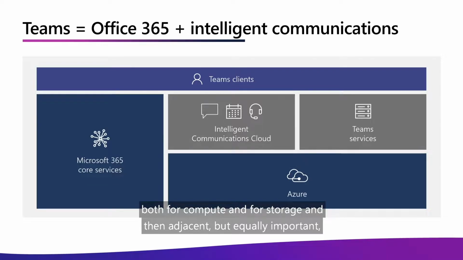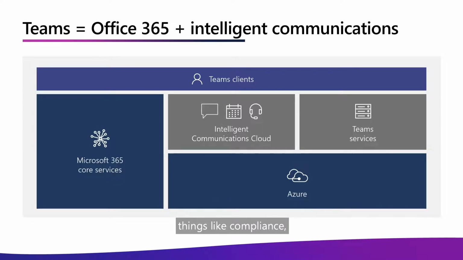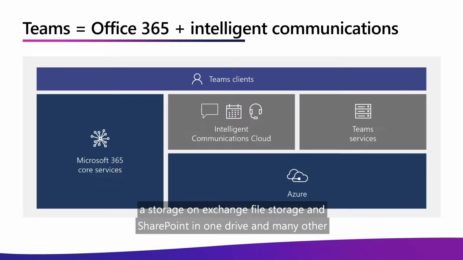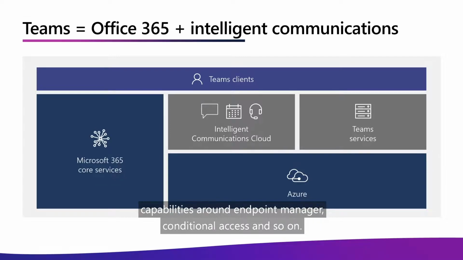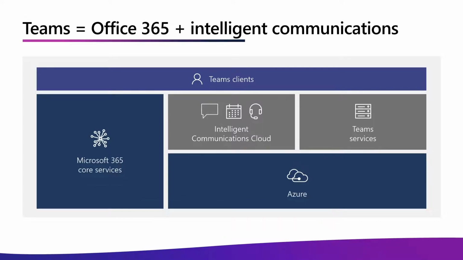And then adjacent, but equally important, are a set of Office 365 services, or Microsoft 365 services, that provide things like compliance storage on Exchange, file storage in SharePoint and OneDrive, and many other applications and services that are integrated into Teams, including, of course, strong identity management from Azure Active Directory and the associated security capabilities around Endpoint Manager, conditional access, and so on.